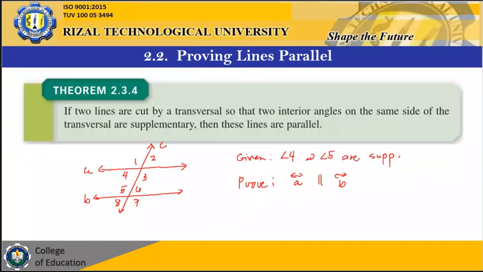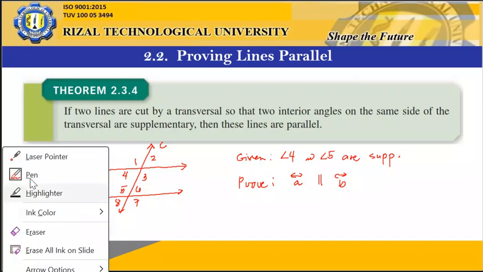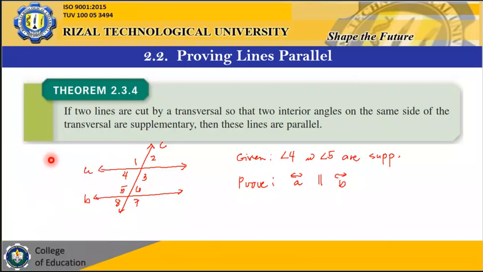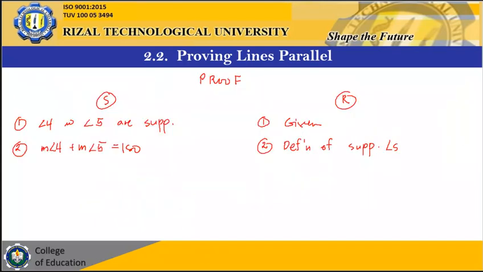Now, let's look at our given figure. We can also say that angle 4 and angle 3 are supplementary because they form a linear pair.